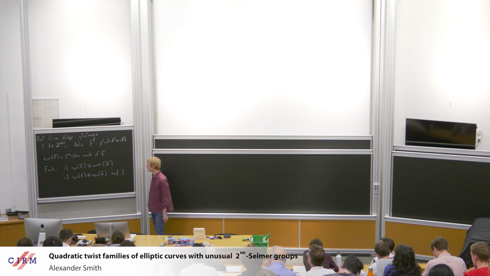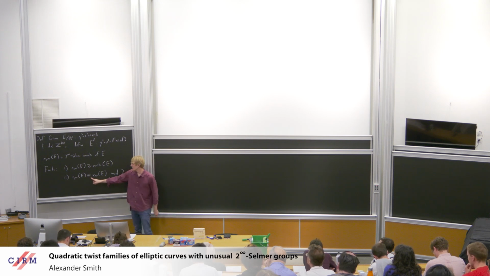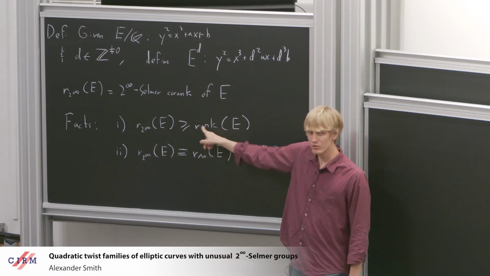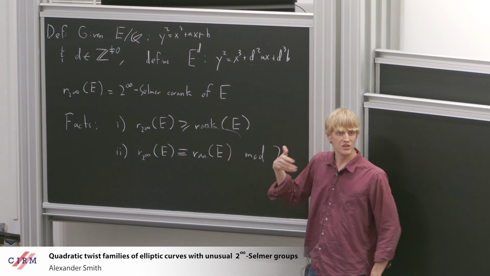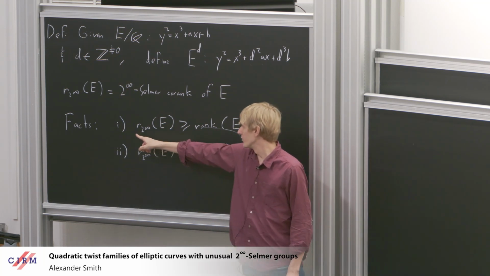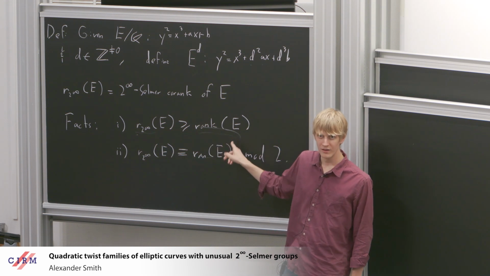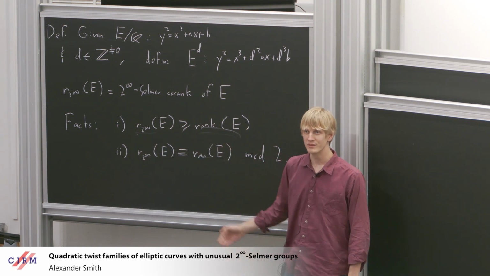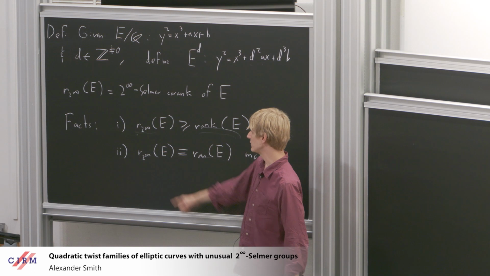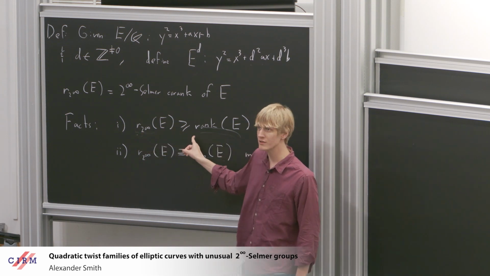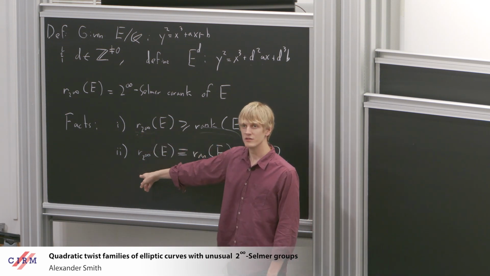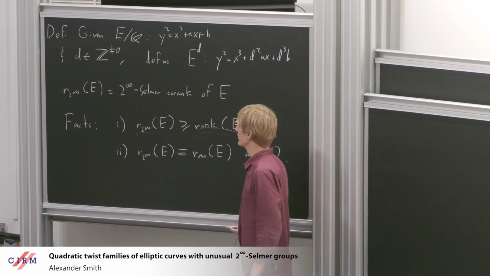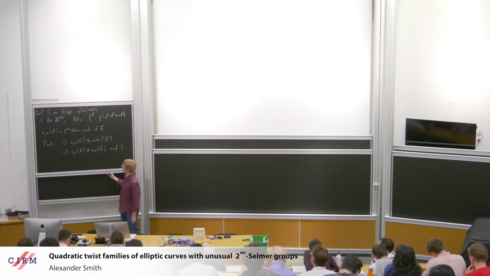If you assume the Birch-Swinnerton-Dyer conjecture, that would say that the analytic rank equals the rank. If you assume the Shafarevich-Tate conjecture, that would give that this equals this. So all three of these quantities should be the same, but unconditionally we know that the 2 infinity Selmer corank is greater than or equal to the rank, and that the 2 infinity Selmer corank shares the parity of the analytic rank. Okay.